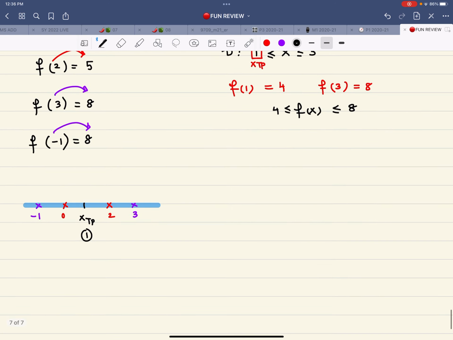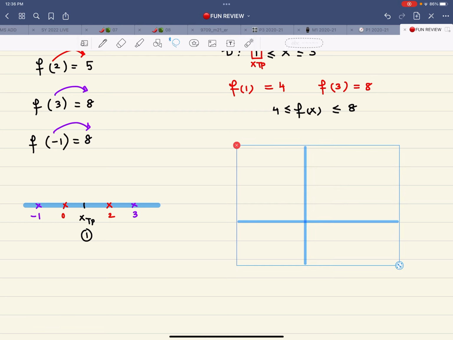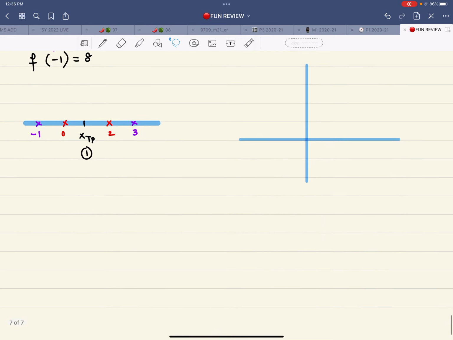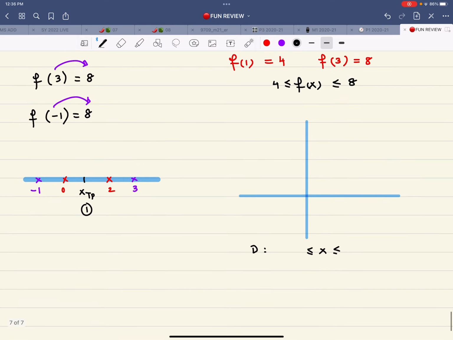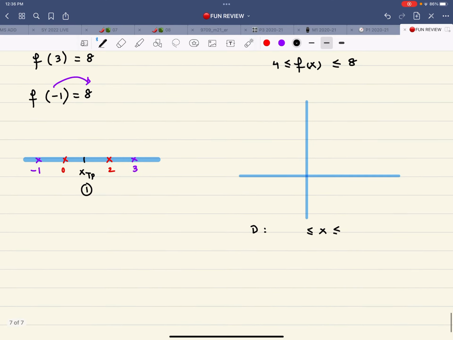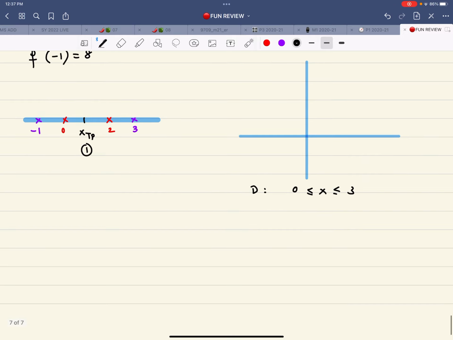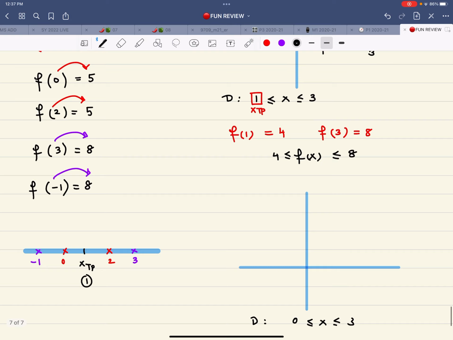But if I have the same graph and now I have f(x), the domain is still the same, x lies between 0 and 3. So we know that f of 0 is 5, f of 3 is 8.